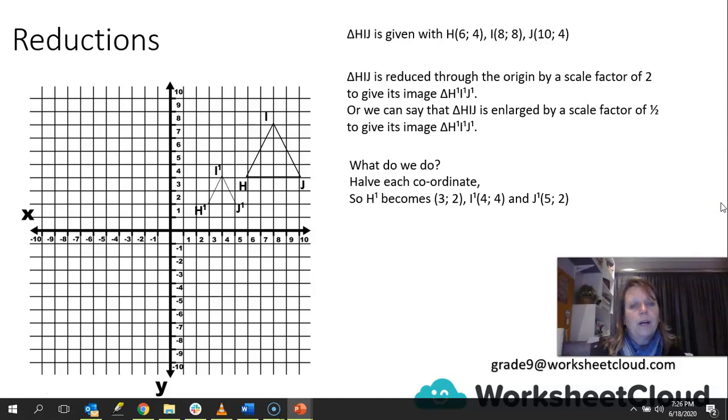And there we have our triangle. There we have our image of triangle HIJ being triangle H1, I1, J1. Okay, and you can see we've plotted it according to these coordinates. So you will see that that is (3, 2), this one is (4, 4), and this one is (5, 2).